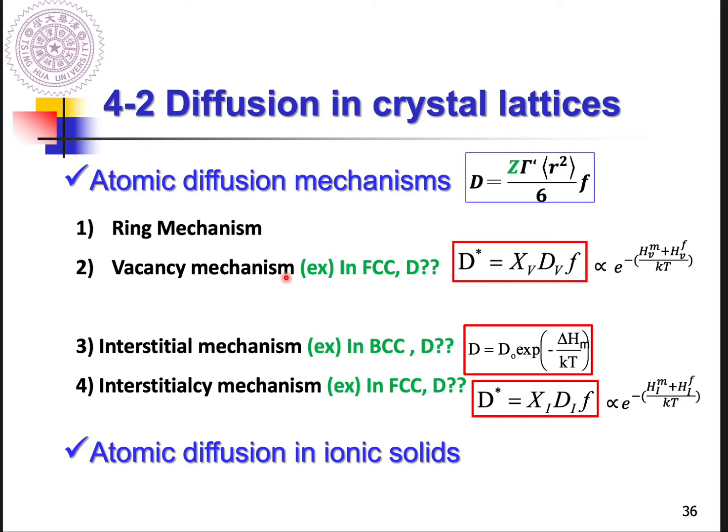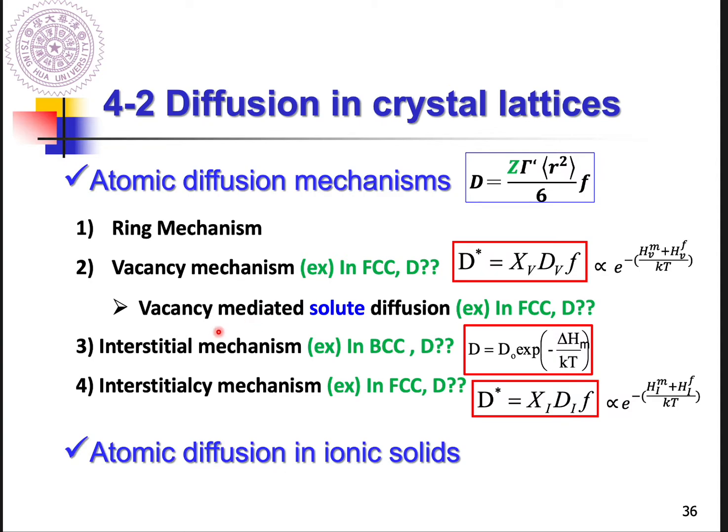But what if you dope some solute atoms into these materials, and these solute atoms replace host atoms or locate at substitutional sites? Can you try to get the diffusivity for this solute atom at a substitutional site through the vacancy diffusion mechanism?